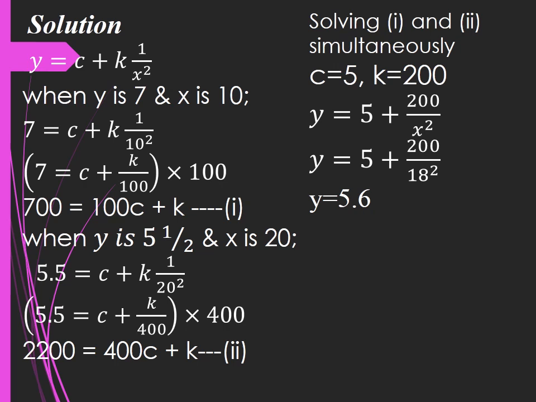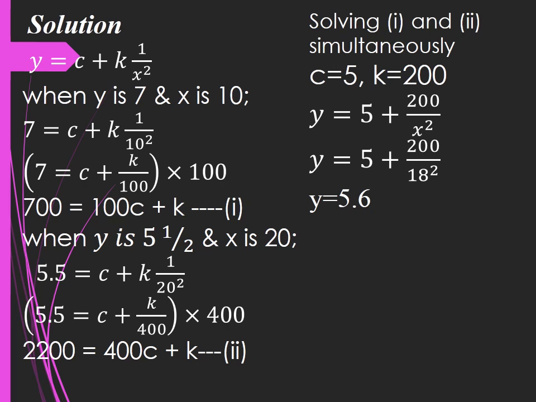When y is 5.5 and x is 20, we are going to have the equation 5.5 = c + k multiplied by 1 over 20 squared, and this will give us 5.5 = c + k over 400, and then we multiply both sides by 400 to get 2200 = 400c + k, and then we can call that equation 2.